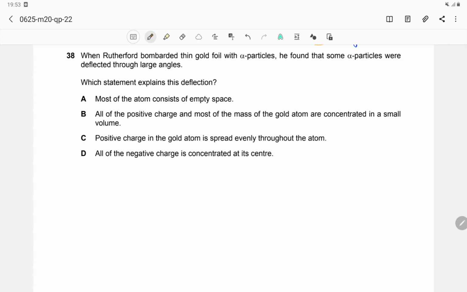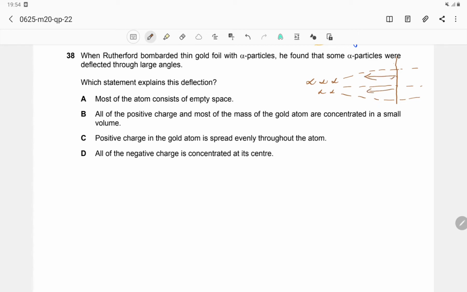So basically, Rutherford made alpha particles hit the gold foil, and most of the alpha particles pass through the gold foil without any deviation, but a very limited number of alpha particles, after reaching the gold foil, were reflected back at a large angle.